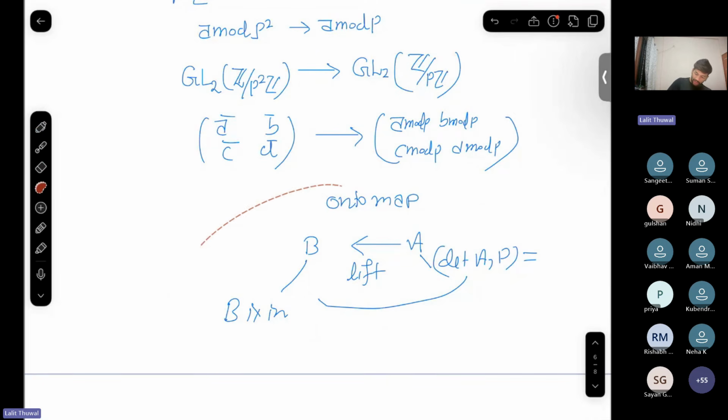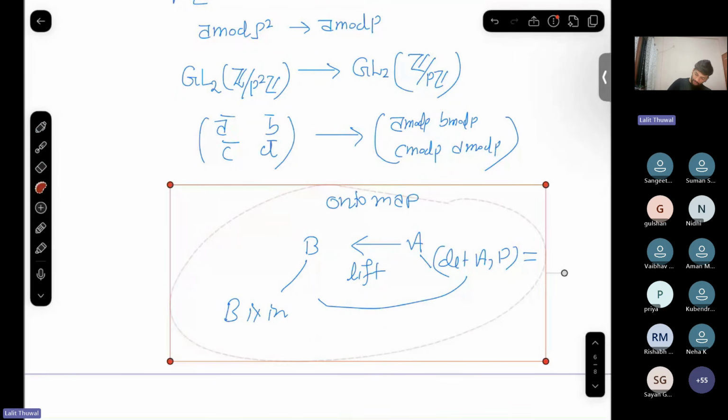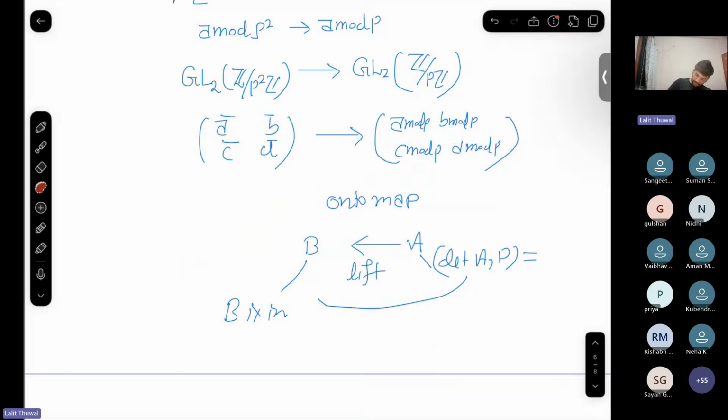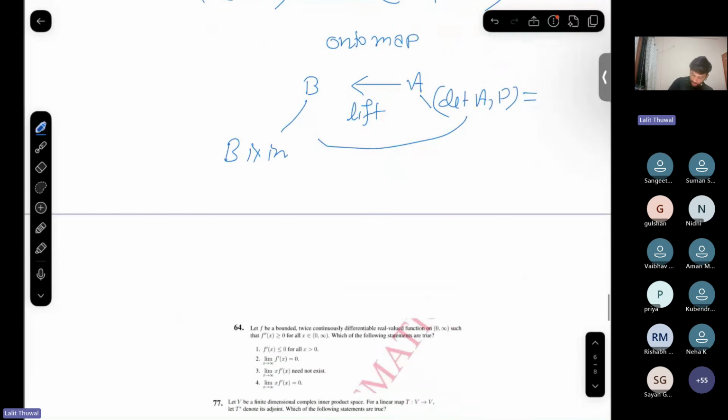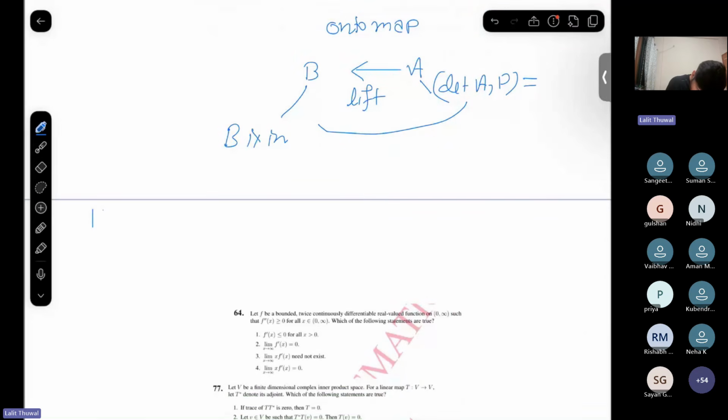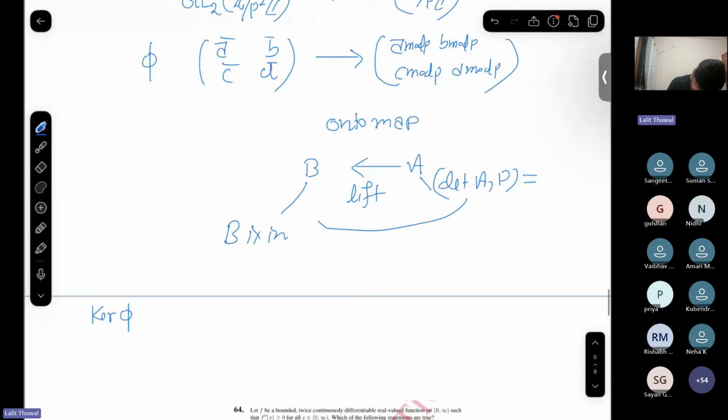Now, what will be the kernel? Kernel of this map. Kernel of phi. Assume the homomorphism is phi.